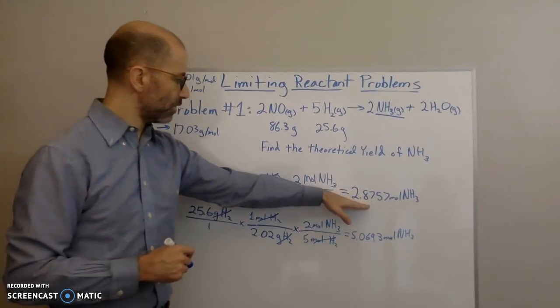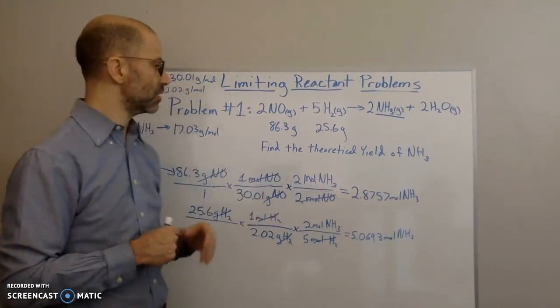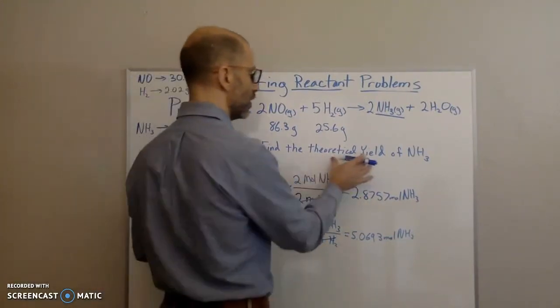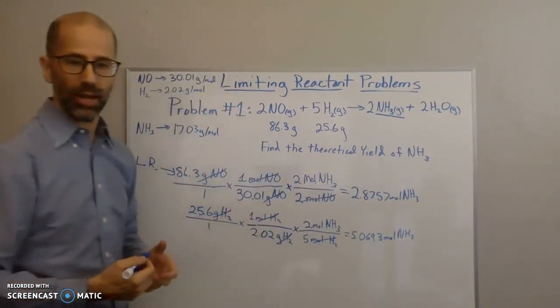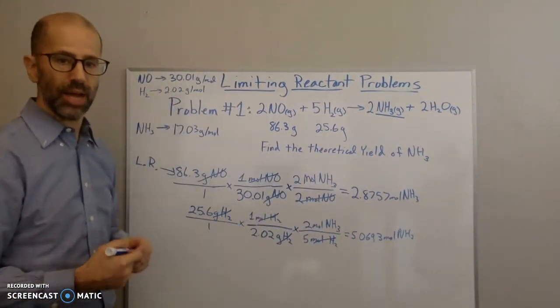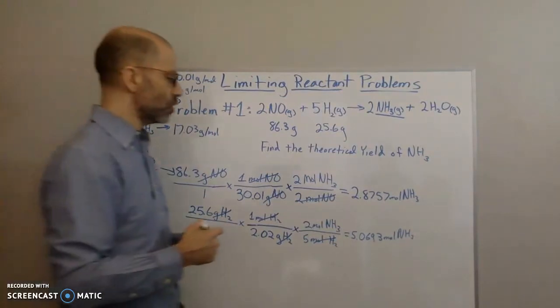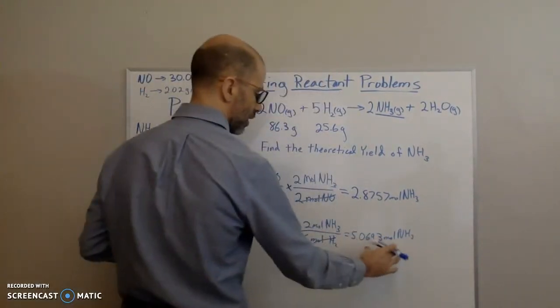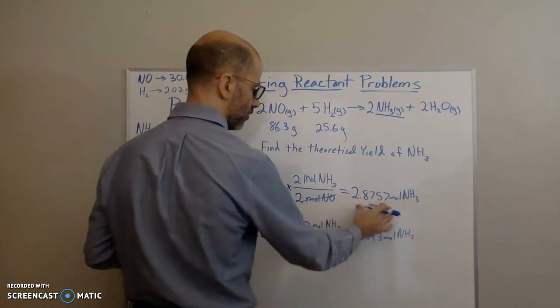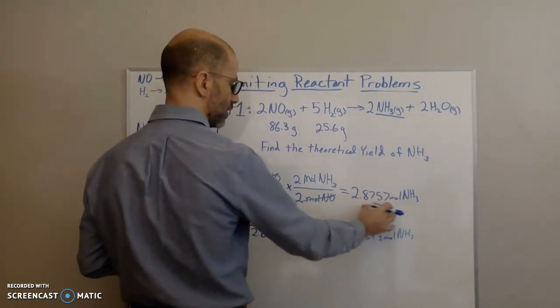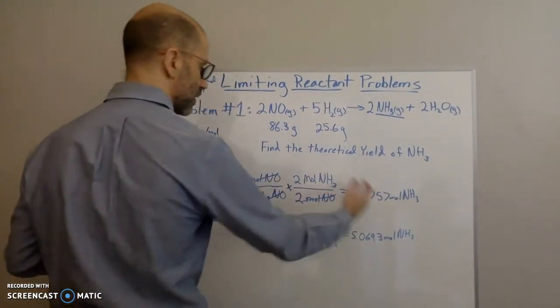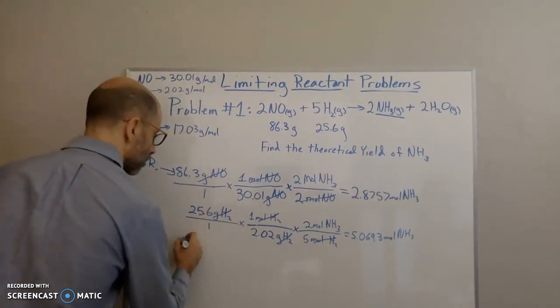So this is going to be my theoretical yield, but I'm not done yet because the problem wants the theoretical yield in grams. Most of the time, they want grams. So now I have to take this amount of moles, my lesser amount, and continue the calculation.